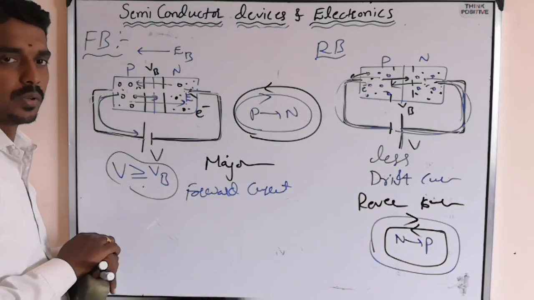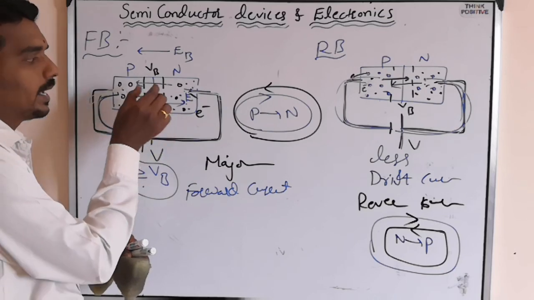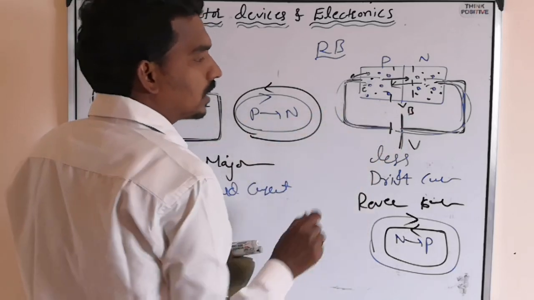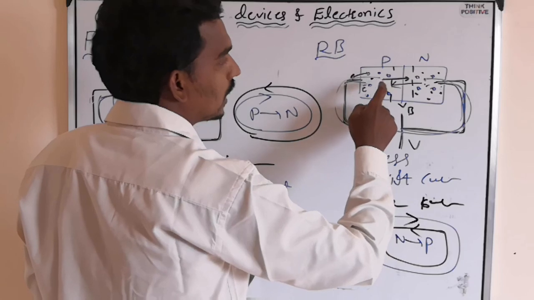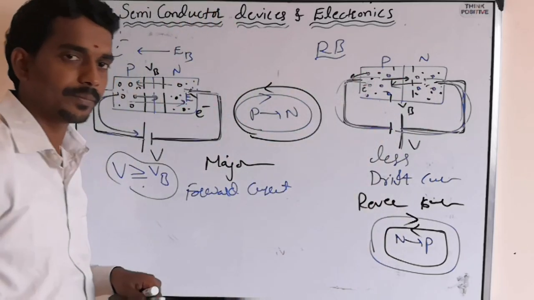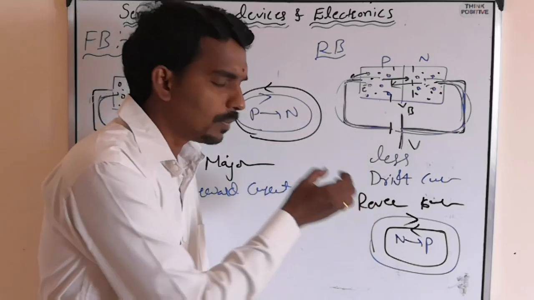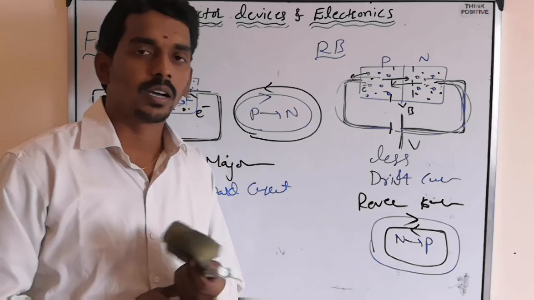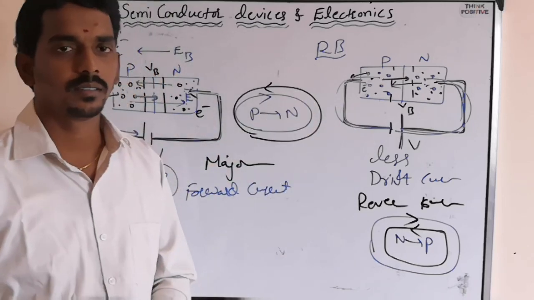That's why here electron flow is from N to P, current is from P to N. Here electron flow is from P to N, so current is from N to P. So here the current is due to minority charge carriers, less in number, less amount of charge. That's why current is very less.